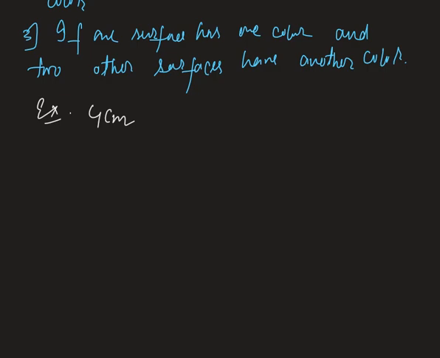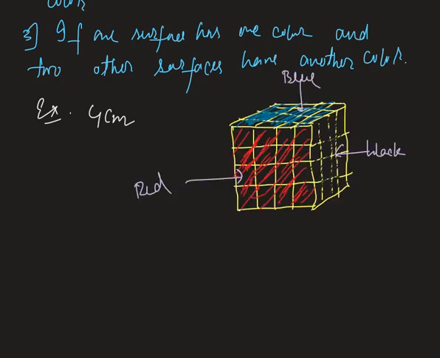So let us draw the cube. So this is the required picture. Here the front face is colored red, the upper face is colored blue, and the side face of this cube is colored black. Okay, therefore the number of smaller cubes with three surfaces painted is equal to 8.